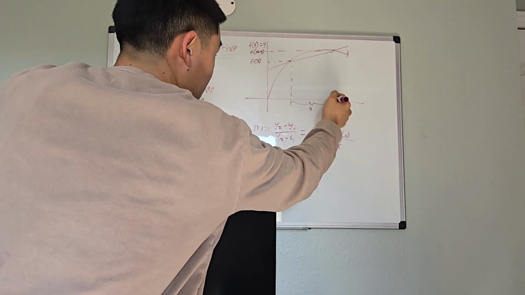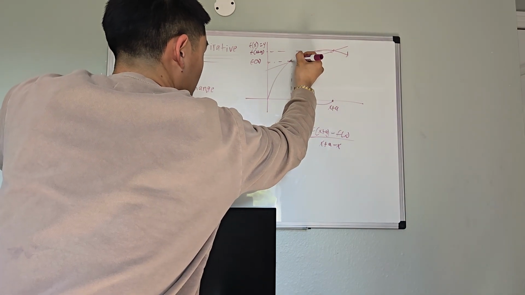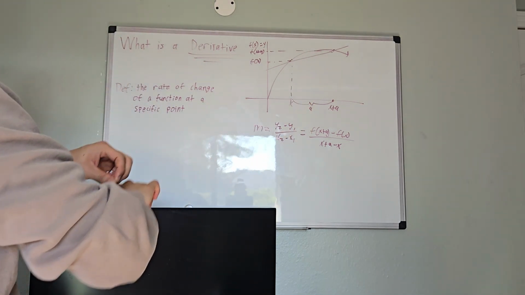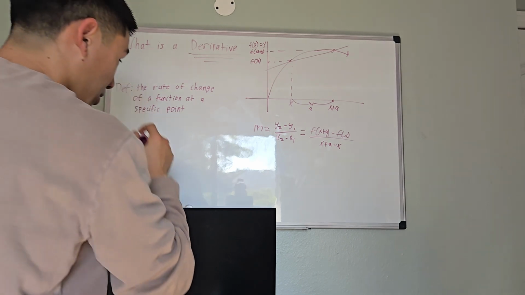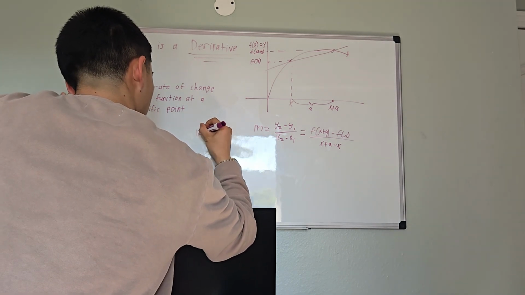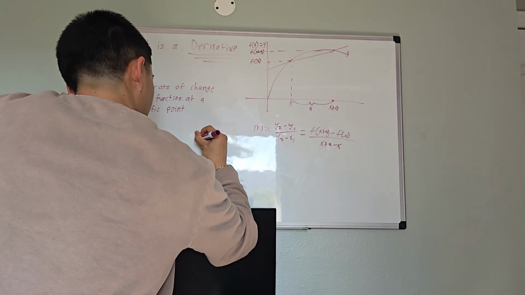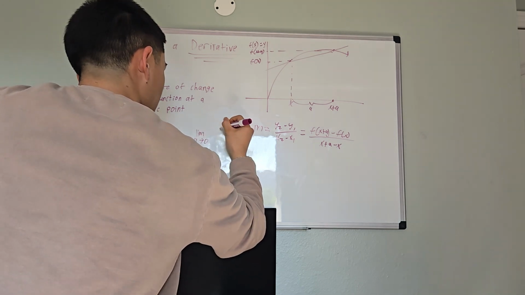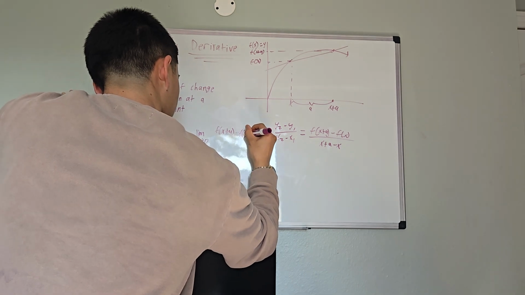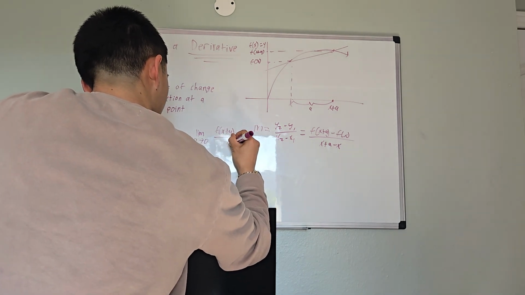where you take a to be super, super small. If you move this dot closer and closer and closer, making a as little as you can, we represent that. So the definition is the limit as a goes to 0 of f of x plus a minus f of x, over a.